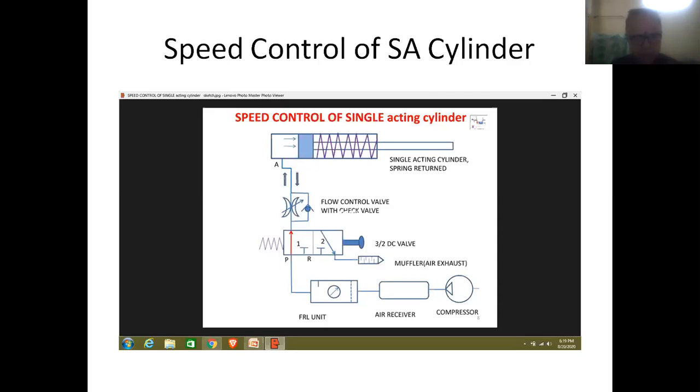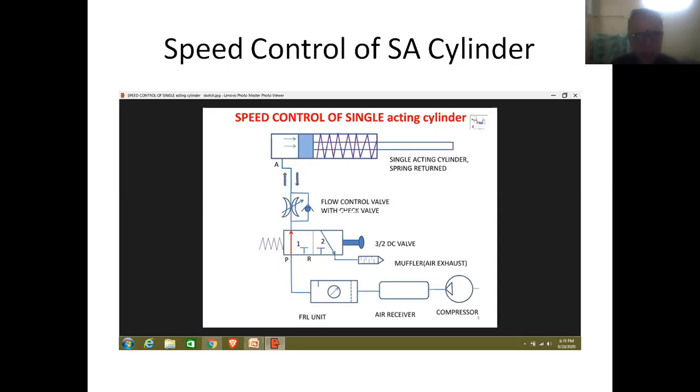So friends, filter, regulator and lubricator must be placed in this particular order. In the first stage the filter is placed in the first position, the regulator in the second position, and the lubricator in the third position. All these items are made in the form of a single unit.